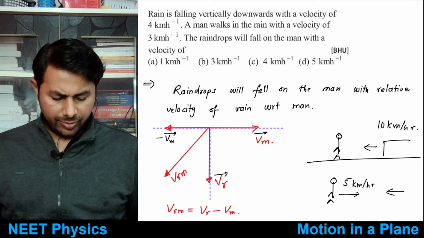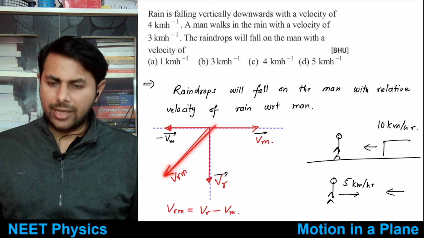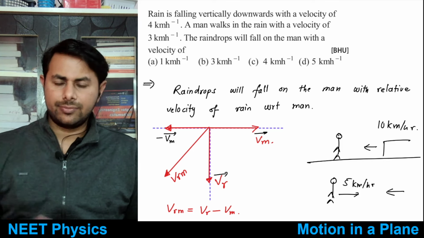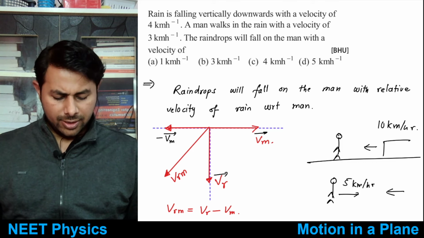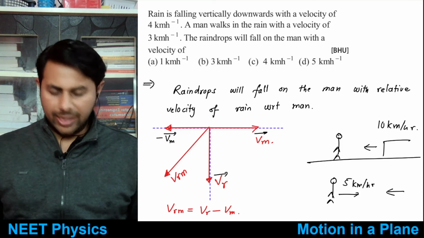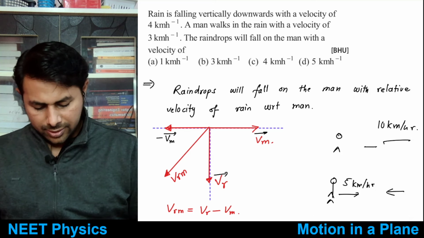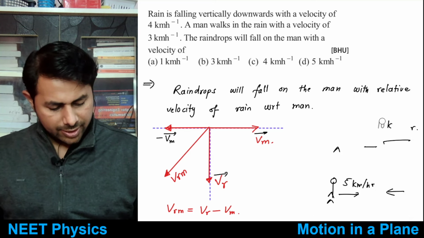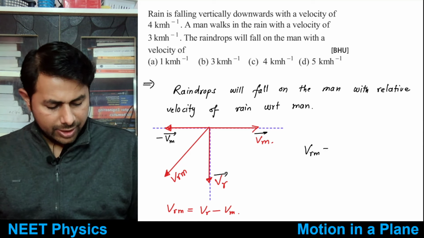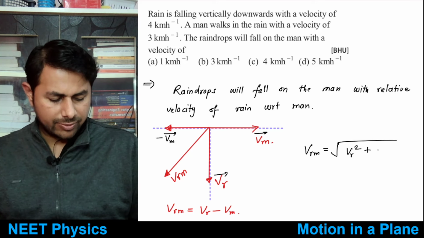Right, good. So therefore the velocity is directed like this, and therefore the rain seems to be coming at an angle, right? So what is the resultant velocity then? This is 3 and this is 4, so it's 5. So Vrm is just equal to square root of Vr square plus Vm square.